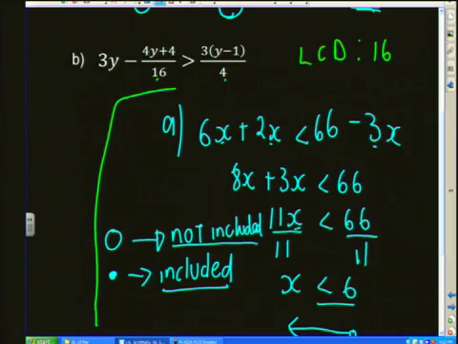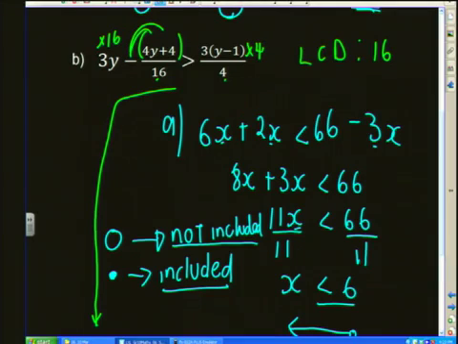So I'm going to do this at the top here and then bring this all down to the bottom. My LCD is 16. I'm going to multiply the 3y by 16. Minus 4y plus 4, we're going to keep that in brackets because we must remember to multiply the negative into the brackets. And on the right-hand side, we're going to multiply by 4.